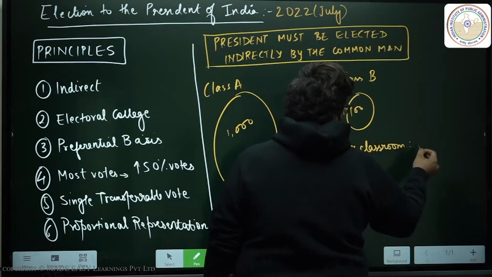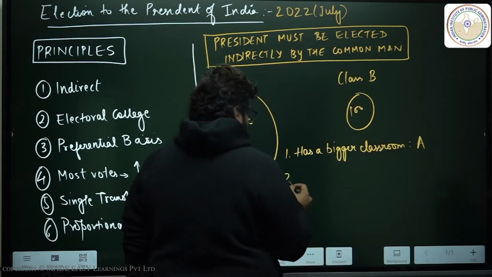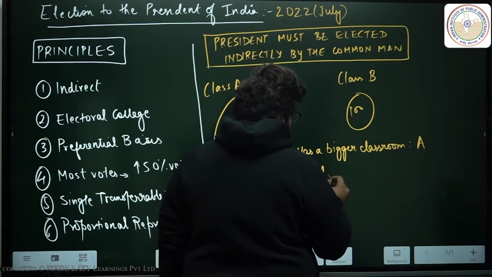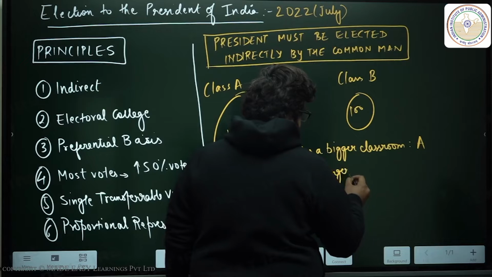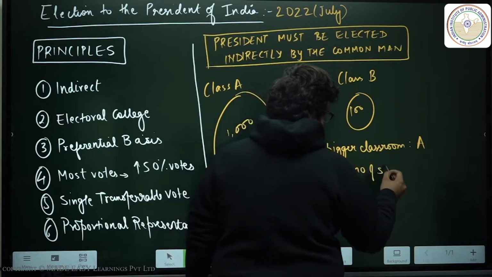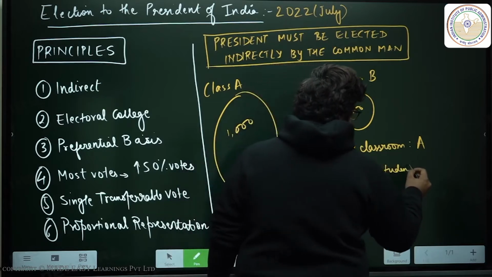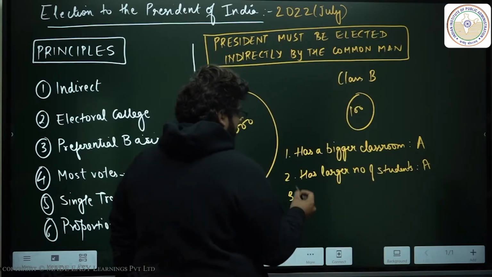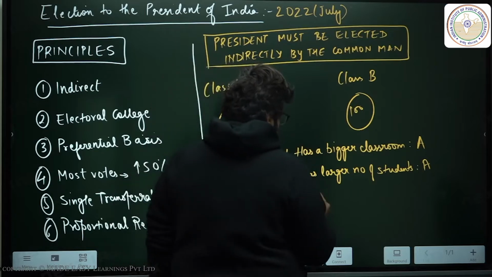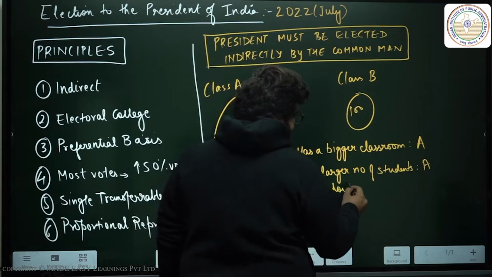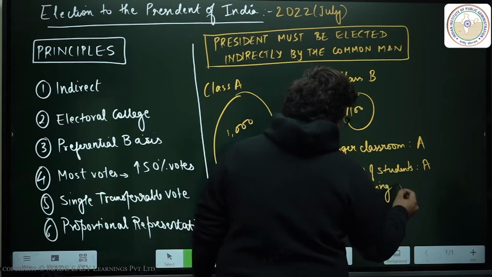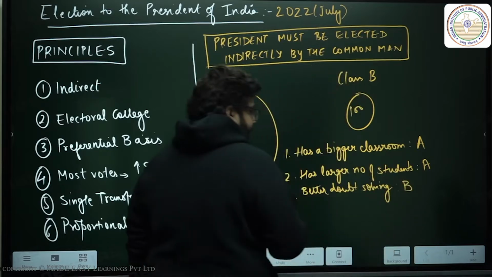Your answer would be A. Which class has obviously larger number of students? Your answer would obviously be A. But if I ask you, which class will have better doubt solving? Then your answer is going to be B.